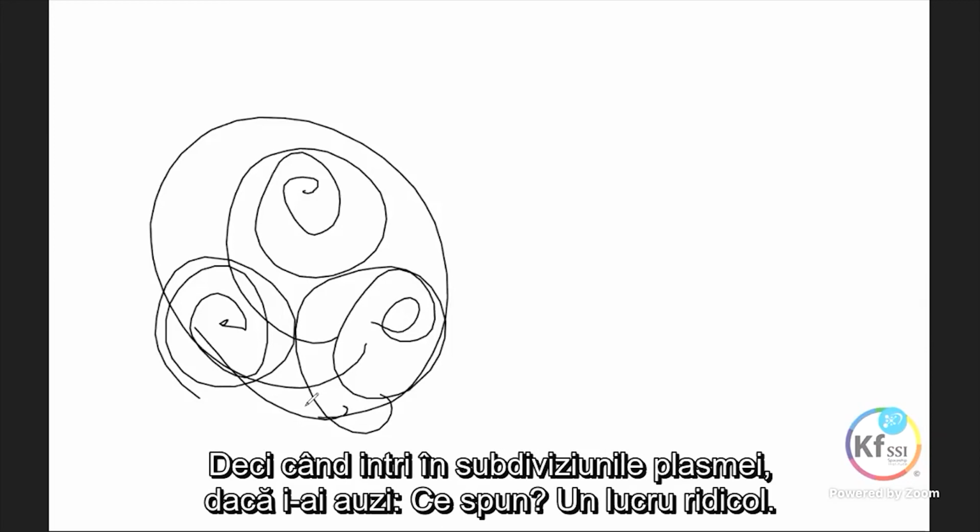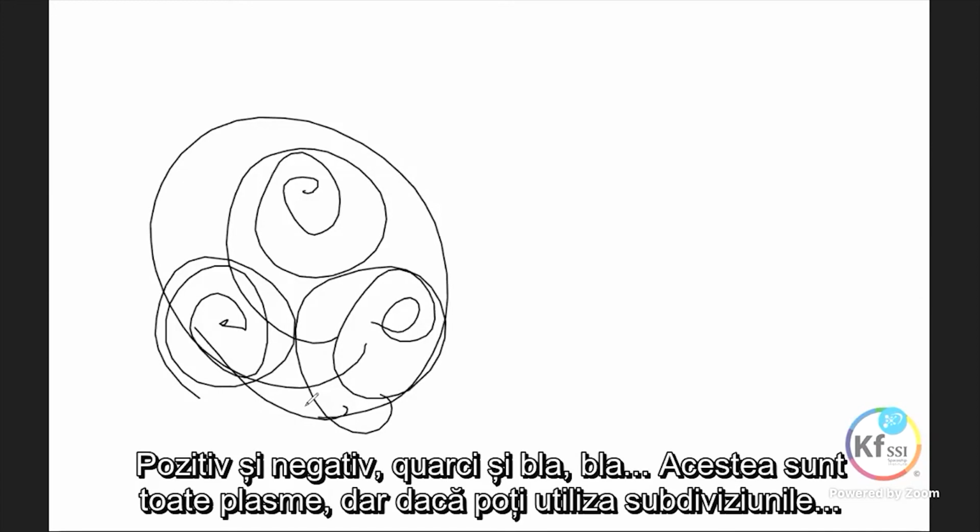So when you go into the division of the subplasma, if you hear this, what do they say? That ridiculous thing, positive and negative quarks and blah blah. These are all plasmas, but you can use a subdivision.